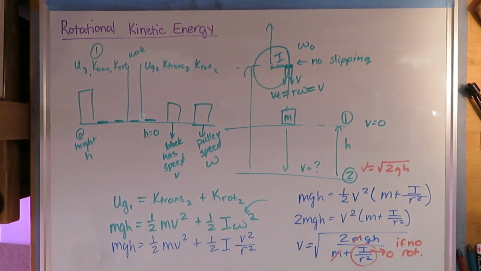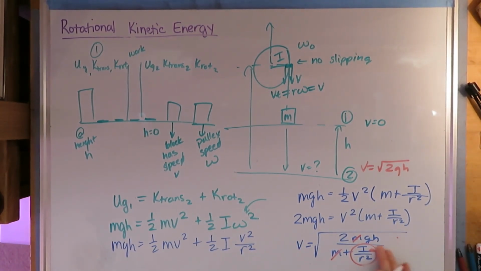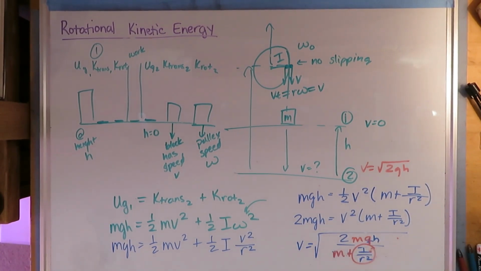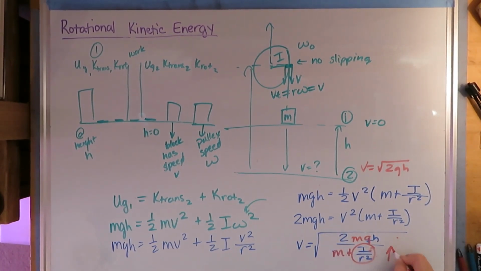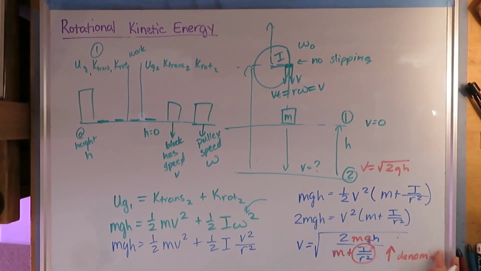But if I do have rotational inertia, so that I have rotational kinetic energy, then this is going to be a sum, so I'm going to have a larger denominator. A larger denominator is going to give me a smaller speed.